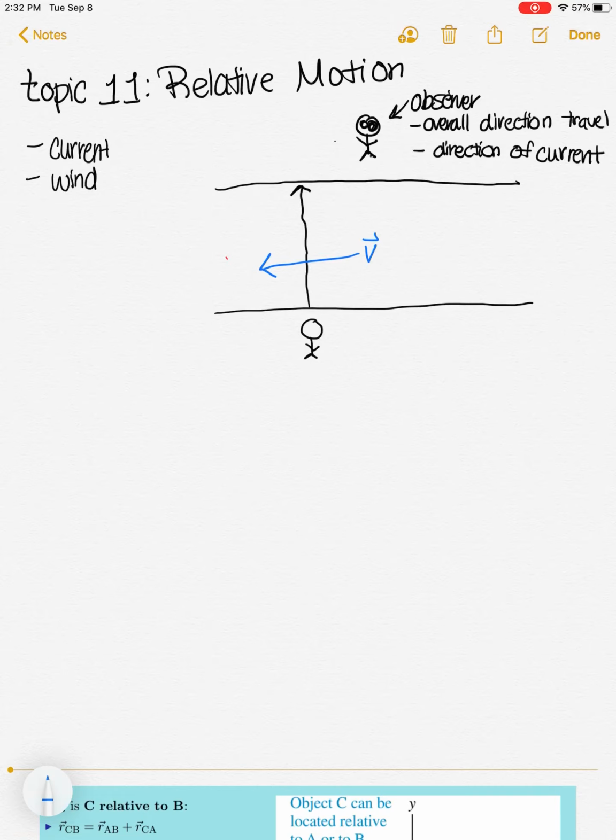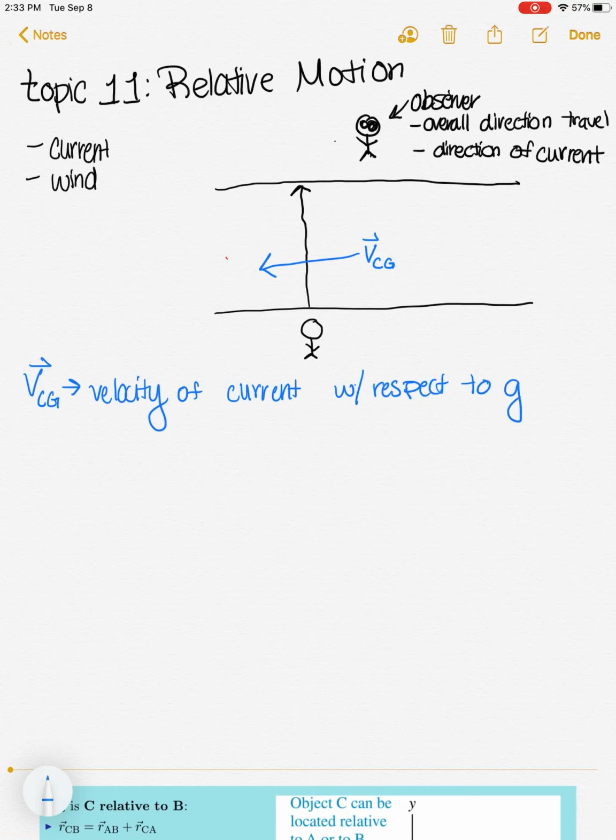So let's just say, for example, we have a current that is going due west. So this is the direction, so the direction of travel is the velocity of the current with respect to ground. So that's what our VCW or VCG means. So this is the velocity of current with respect to ground.